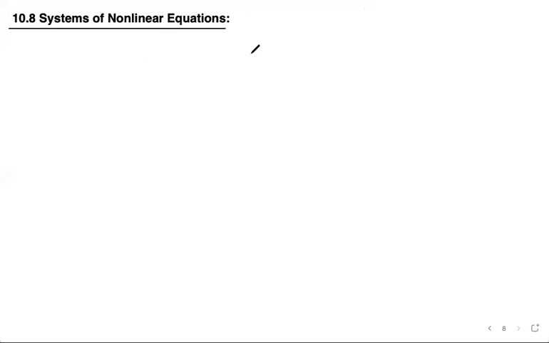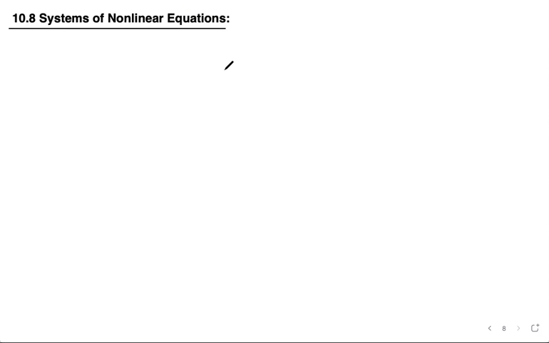Can anyone explain what a nonlinear equation is? Yes, parabola. What else? Asymptotic graphs, like asymptotes. I can't say this is true. But what about exponent greater than 1?